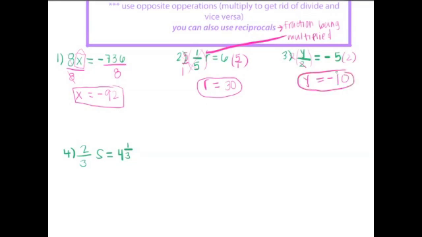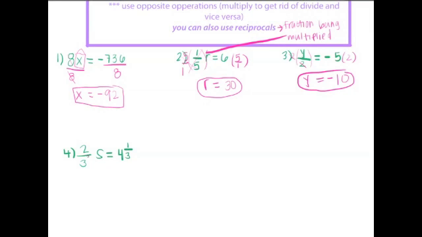So pretty straightforward, 3 types of problems. Just a straight up multiply where they're next to each other. This one, looking at the green, it's a multiply, but it's a fraction that's being multiplied, so you're going to use a reciprocal. And then there are the ones where it's just plain division, and so you just multiply on both sides to cancel out.